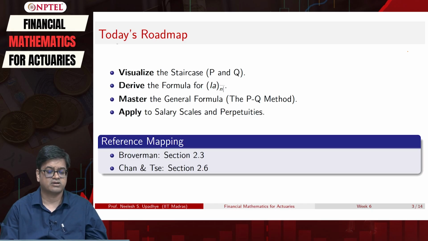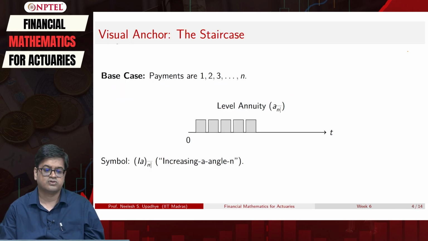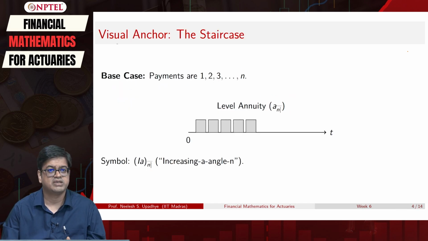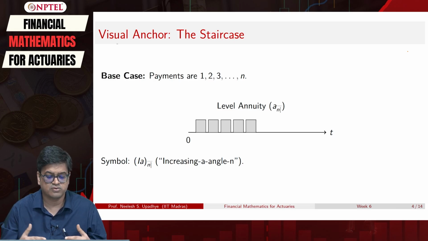Let us take the first agenda, which is visualizing the staircase. So far, the payments have been happening at fixed periods and at a fixed amount. Now we want to level this game up.